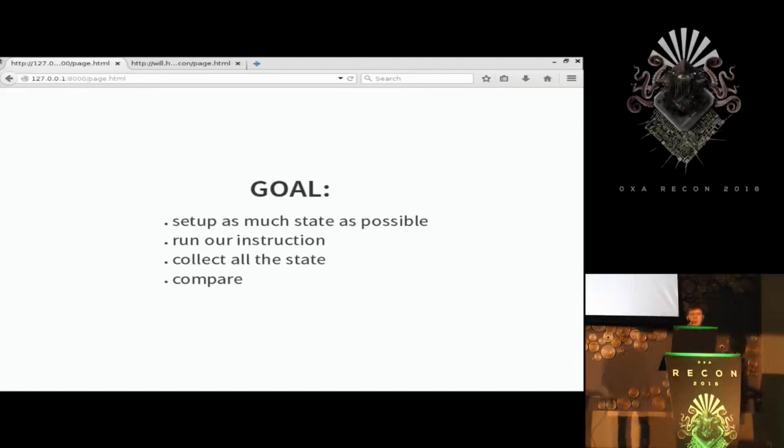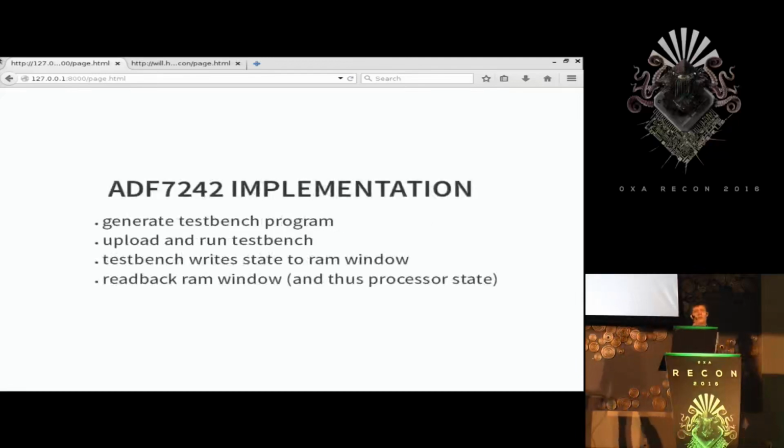For the ADF7242, this looks like generating a test bench program, compiling it on the host with a little assembler, uploading and running that test bench on the hardware. The test bench sets up the state with the move immediate instructions, as I said, and then writes the state to that RAM window that I discussed very briefly because I'm moving pretty quick in this 30 minutes. The host reads it back and then compares it.